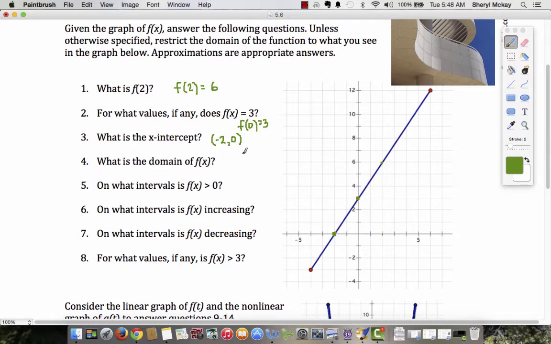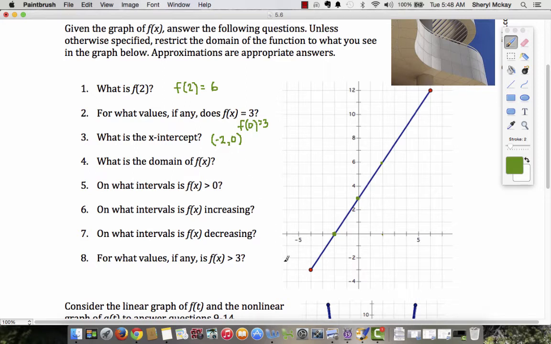What is the domain of this function f of x? So remember, the domain is our x value, and now we're going to write it 2 different ways. We're going to write it in set builder notation and in interval notation. So let's go ahead and do interval notation first, because that's the one you're most familiar with.